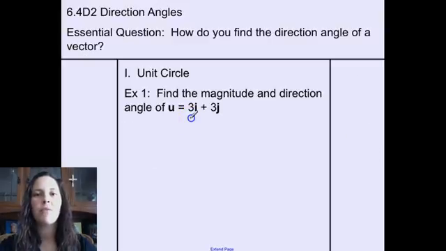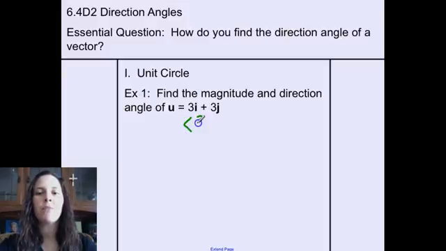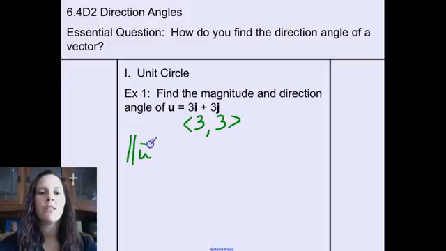Our first example will be finding the magnitude and the direction angle for vector u, which is 3i plus 3j. We know the component form of u is ⟨3, 3⟩, so we can easily find the magnitude of u using our distance formula.